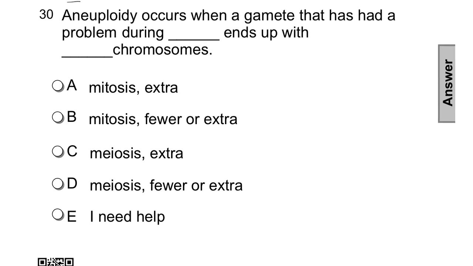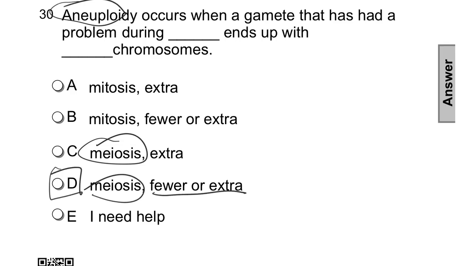Aneuploidy means missing one or having an extra chromosome in a homologous pair. Usually it is a problem in meiosis 1 or 2. So it happens in meiosis when you get fewer or extra.